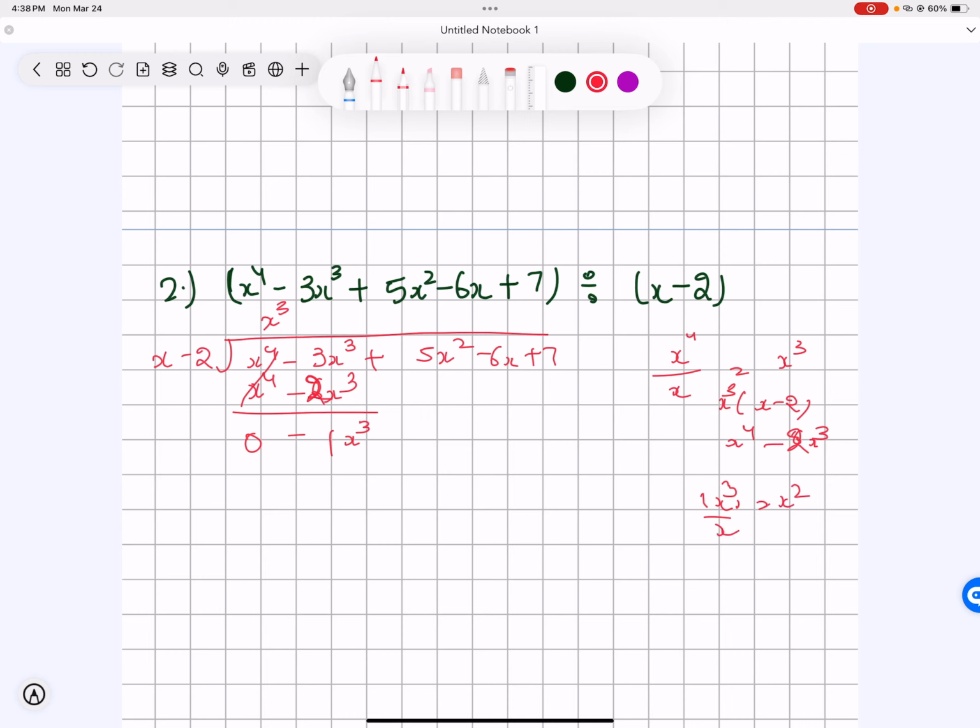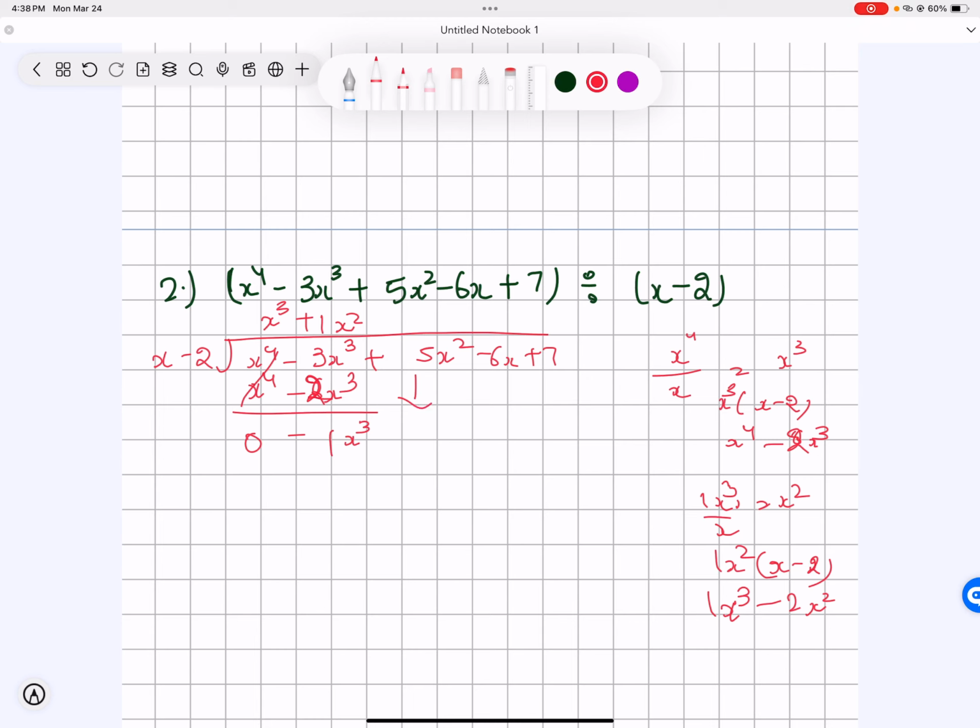Here I get 1x squared plus 1x squared, and then I multiply 1x squared by x minus 2, and then I get 1x cubed minus 1 into 2 is 2x squared.